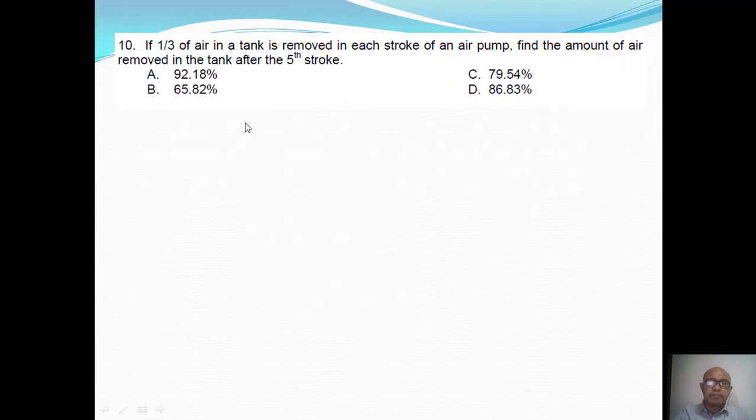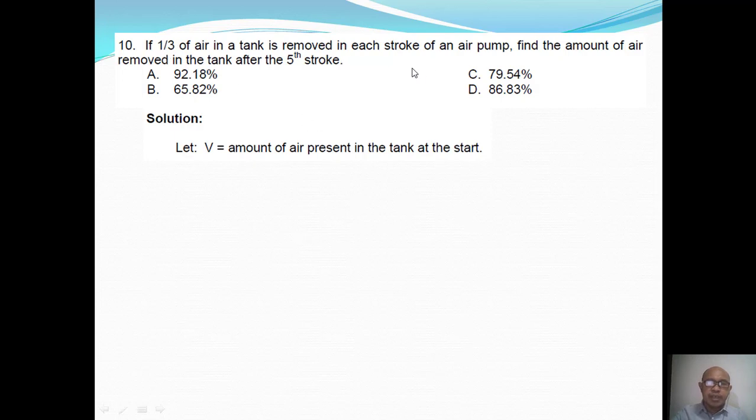Next problem. If 1/3 of air in a tank is removed in each stroke of an air pump, find the amount of air removed in the tank after 5 strokes, the 5th stroke. Let us say V is the amount of air present in the tank at the start. When we have the first stroke of an air pump, then 1/3 of the air is removed, so the remaining amount is 2/3, and so on.